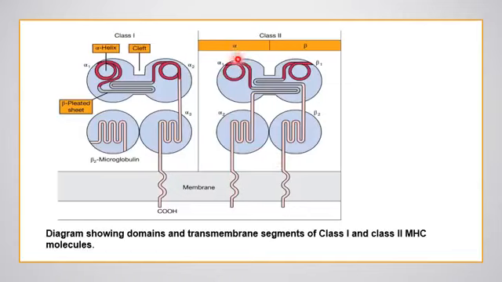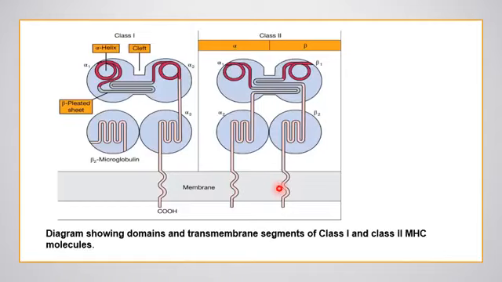It has two molecules, the alpha chain and beta chain. The alpha chain has two external domains, alpha 1 and alpha 2, and the beta chain has two external domains called beta 1 and beta 2. Both of them are embedded in the membrane of the cells.